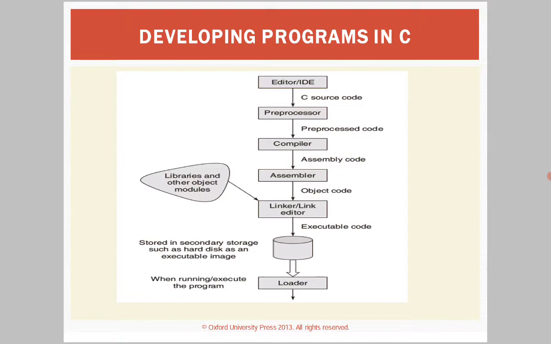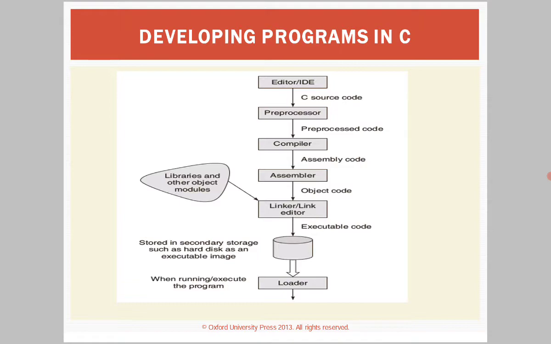First, in the editor or IDE, we write some source code or programs. Next comes the preprocessor, and after that, by using the compiler, we convert the source program into object code, also called assembly code or assembly language. Assembler is another software used to convert the object code into executable code, and linker is another application software used to convert object code into executable code.